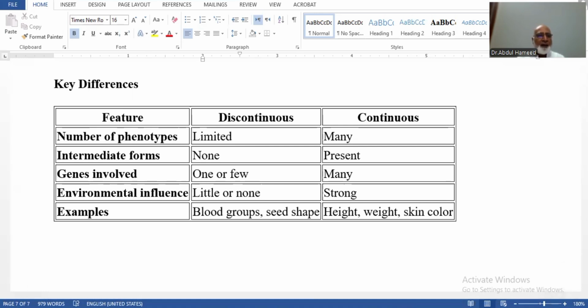Intermediate forms, in discontinuous, no; in continuous, yes, they are there. Genes involved, one or few, but in continuous variations, many. Environmental influence, little or no, but in continuous variation, the environmental influence is very strong. Examples: blood group and seed shape for discontinuous; height, weight, and skin color for continuous.